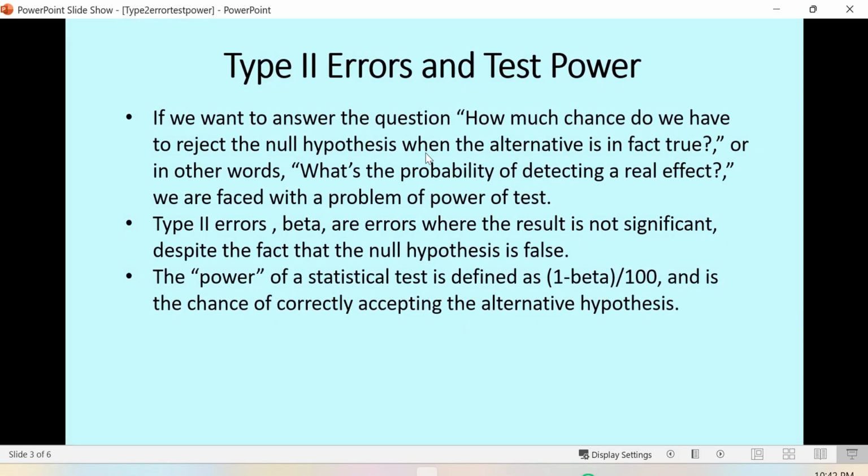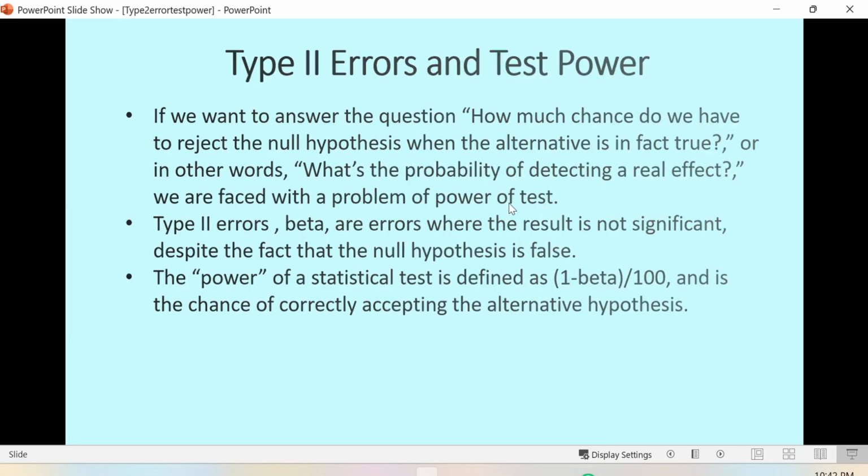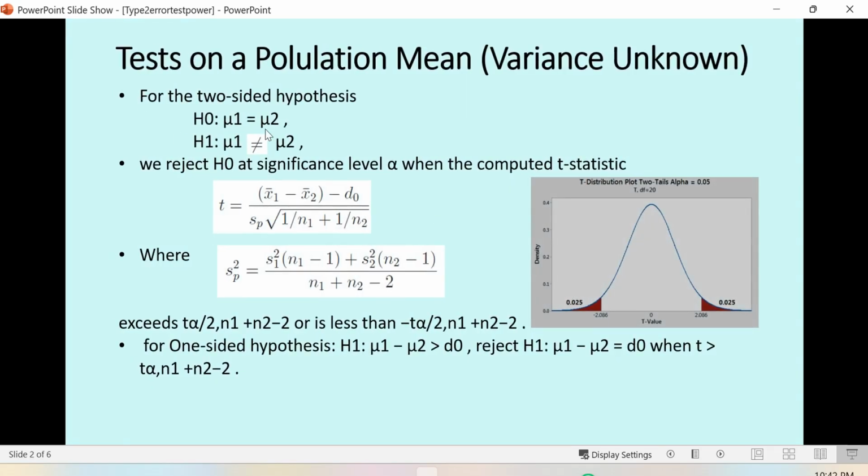Then here we will focus on the type 2 error. So what is the type 2 error? If you think about one question, that's how much chance we have to reject the null hypothesis when the alternative is in fact true. So if we look at these two statements again, the null hypothesis, the name is null, which means it has no effect.